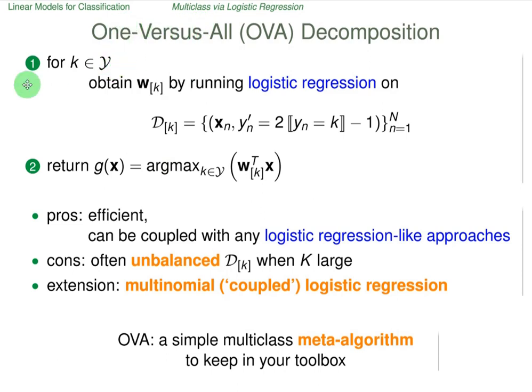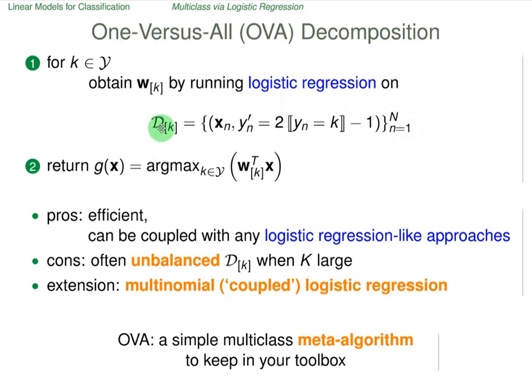It decomposes the task into a sequence of binary problems. For each class k, in our example there were 4, we obtain a hypothesis, called w_k, or the weights, by running, let's say, logistic regression, which minimizes the cross-entropy function. Then this step is about relabeling.